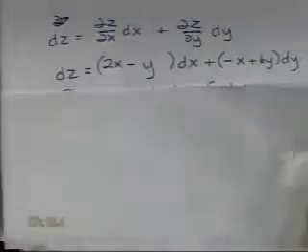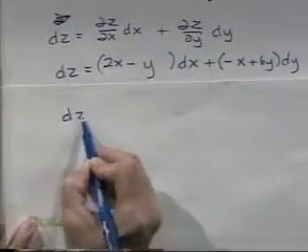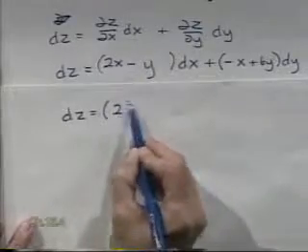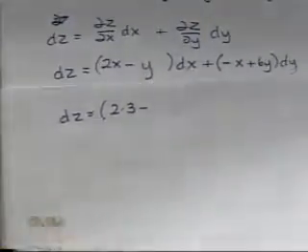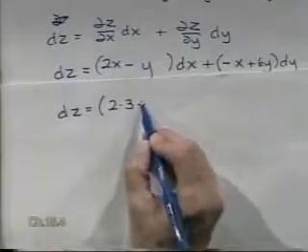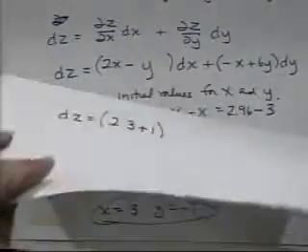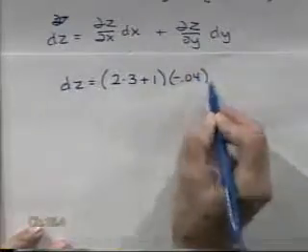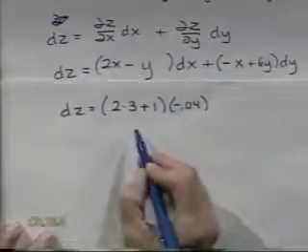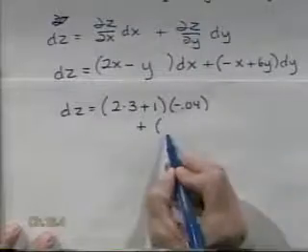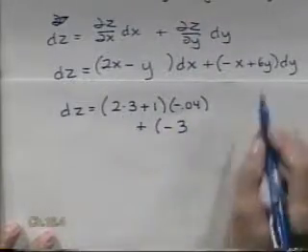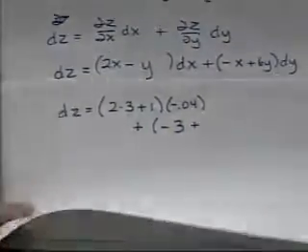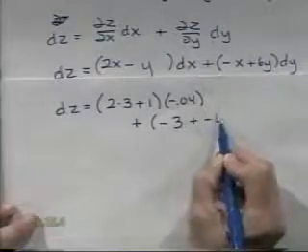So coming up here, dz equals 2 times 3 minus, now what's going in for y? A -1, so it's minus a minus, which is plus. Delta x was -0.04, plus minus x is -3 plus y was -1, so 6 times -1 is -6.